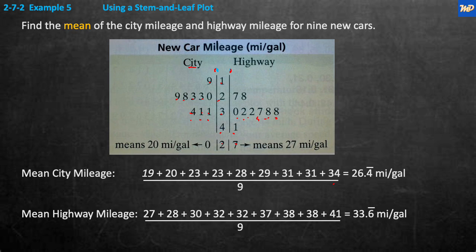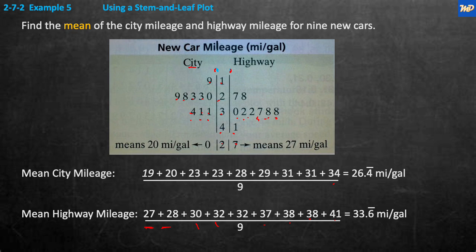For the mean highway mileage, you take all the highways. We have a 27, a 28, and we have a 30. Right here's the 30, the 32, 32, 37, 38, 38, and a 41. You add them all up and divide by 9, and you get 33.6.